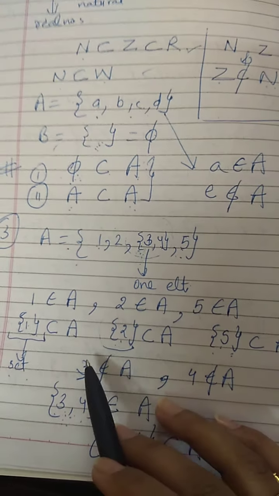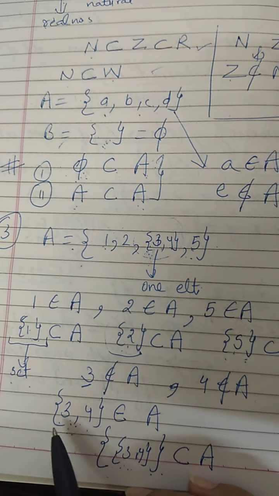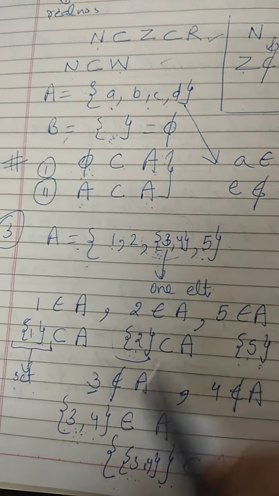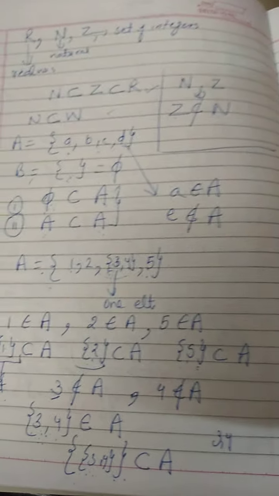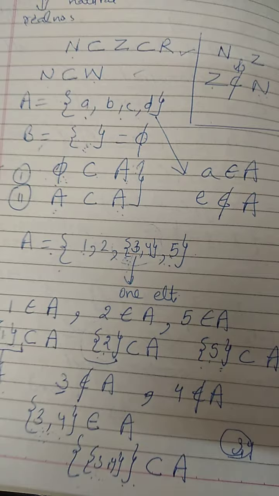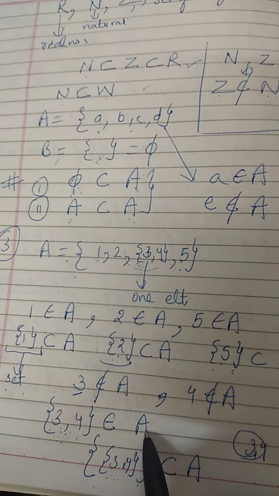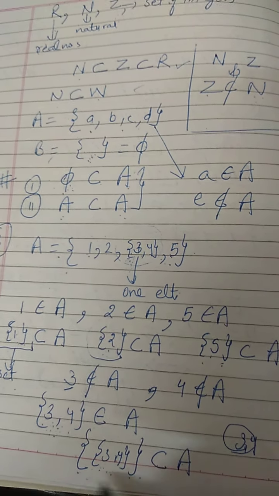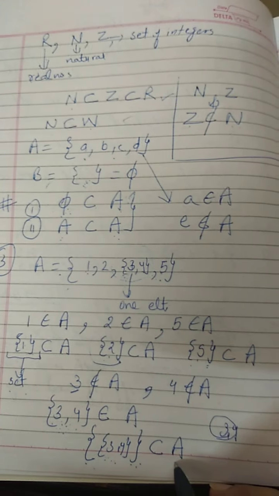So 3 is not an element of A, 4 is individually not an element of A, but when I write {3, 4} within curly braces, because it is given within curly braces, it is an element of A. If I simply write 3 comma 4, it has no meaning here in set A, because 3, 4 is not given like that. {3, 4} is given within curly braces, so it is an element of A, and when I write down this element within curly braces, it has become a subset of A, right?